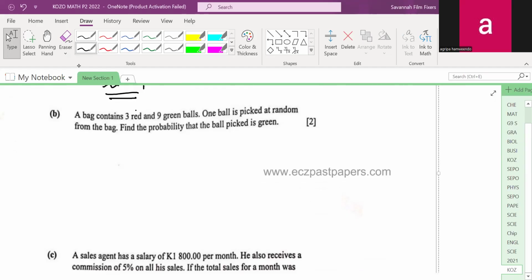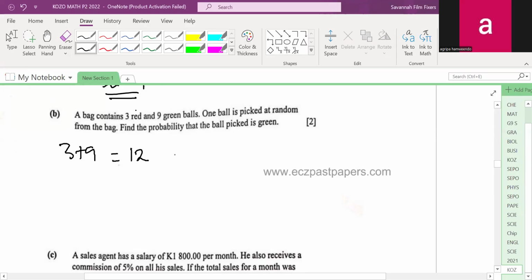So how do you think we can solve this question? We're first going to have to add the red balls plus the 9 balls to find the total amount of balls in the bag, right? Yes. So we have 3 plus 9. So our total possibilities is 12. And we're now going to be focusing on the green balls.